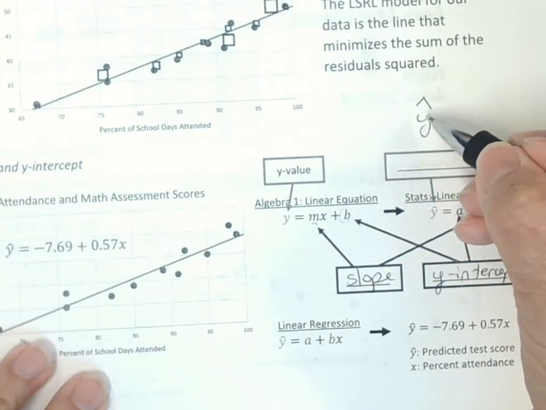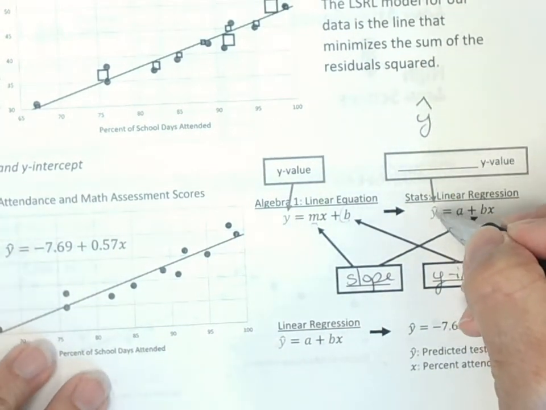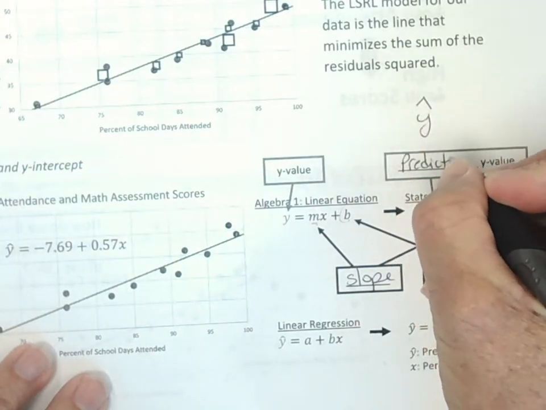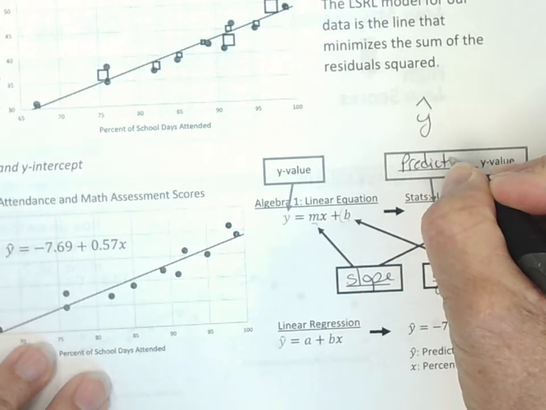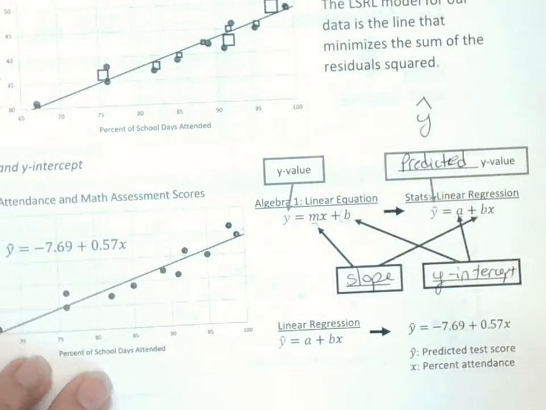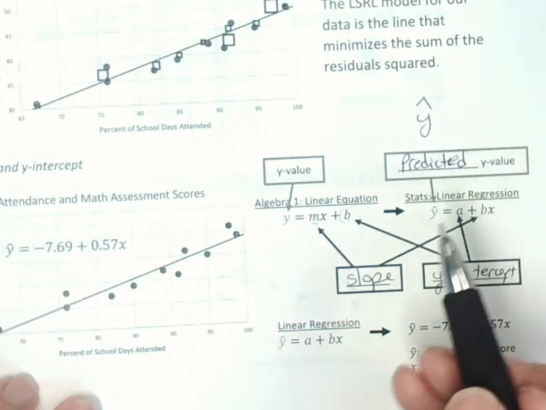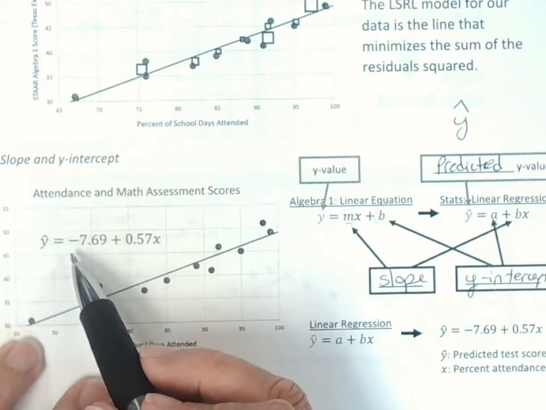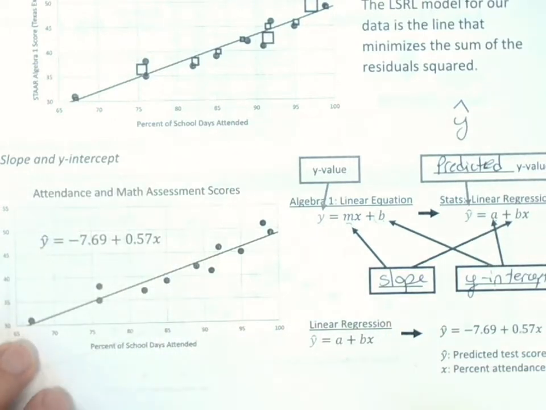And coming back to this y hat, that has a special meaning. The hat on there means predicted. Very important that we make sure we say predicted value. So this is my predicted value here, the least squares regression line.